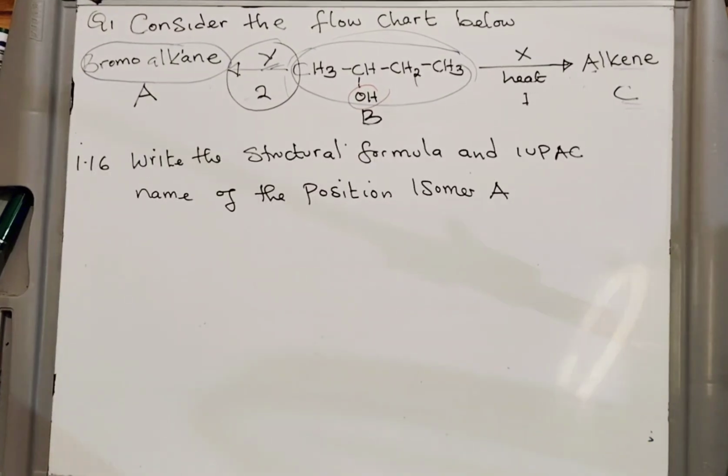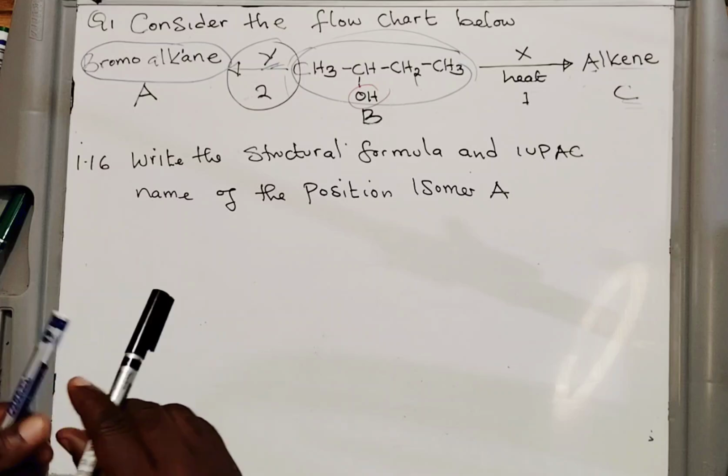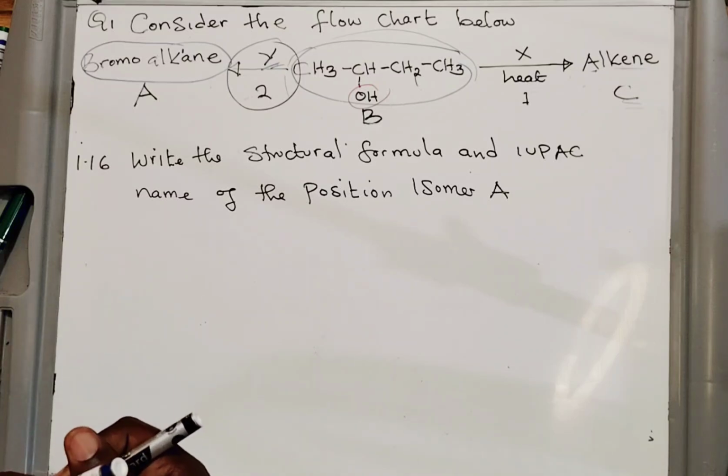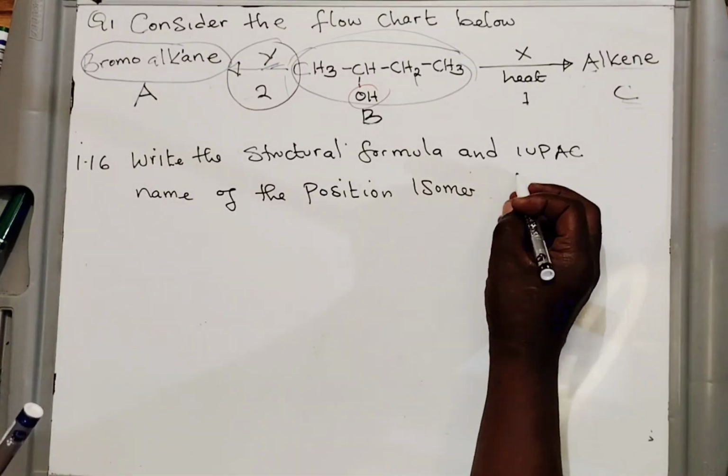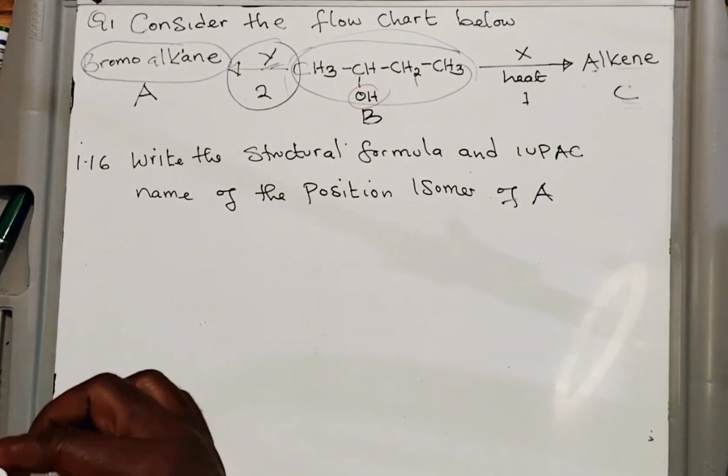Then we come to the closing part of this video, the closing question. It says, write the structure formula and IUPAC name of the position isomer of A. Position isomer of A. Okay, let's look at that one.